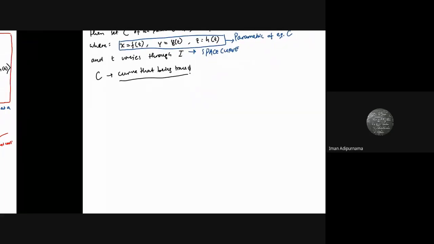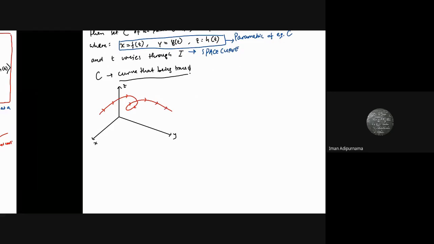For example, I will draw a really random curve in 3 dimensions. Let's label the axes X and Y. Let's say we are moving somewhere here, and we have a direction because it's a vector.